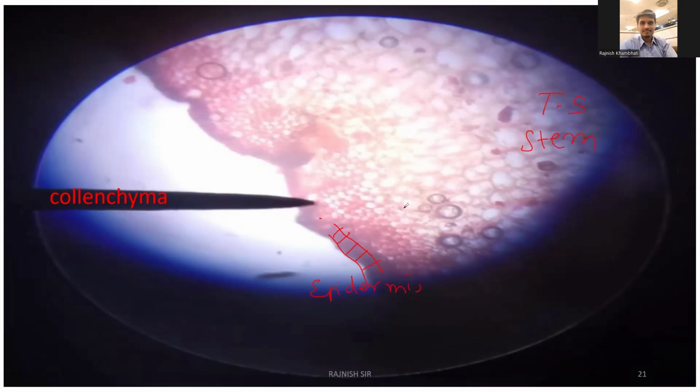Just below the epidermis, from here to here, this portion is collenchyma. You can see very clearly, this dark portion is depositions of pectin, and in between, cells are there. They look literally different. And these circle-like structures are parenchyma.